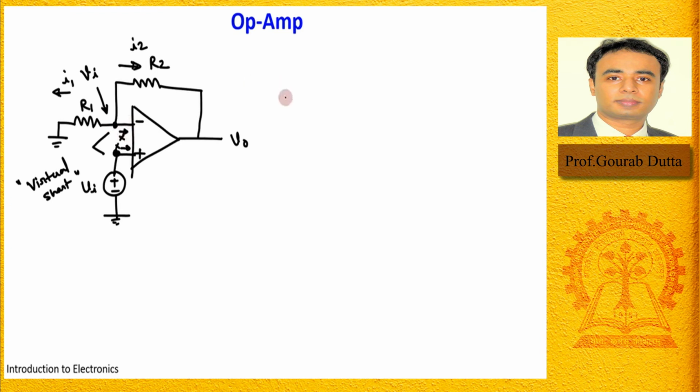So what will be the value of this I1? This current is nothing but Vi by R1, right? And the value of I2, in terms of Vi and V output, is nothing but Vi minus V output by R2, right?